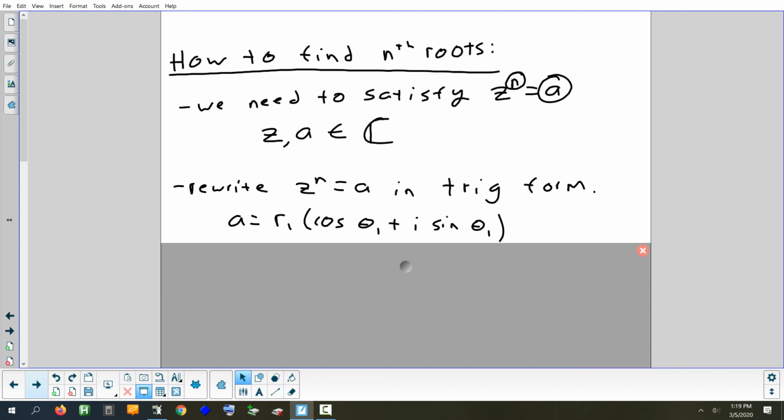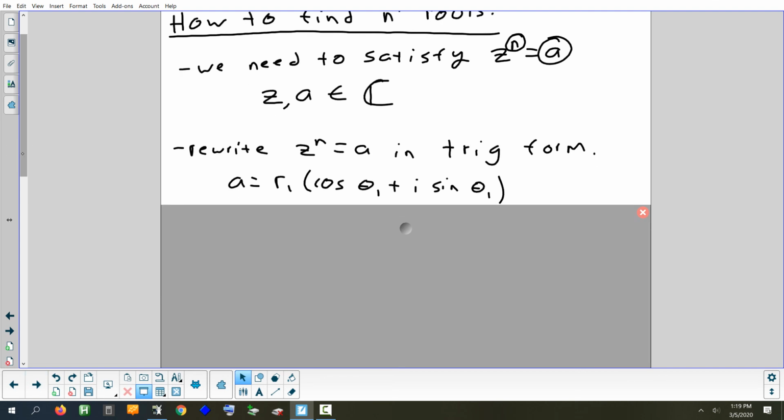So, first thing you're going to have to do is figure out r and theta. When I put the little subscript, that means it's something that you actually have to find right away. You use the Pythagorean Theorem to find r1, and you use inverse tangent of y over x to get theta 1, just like we've been doing.